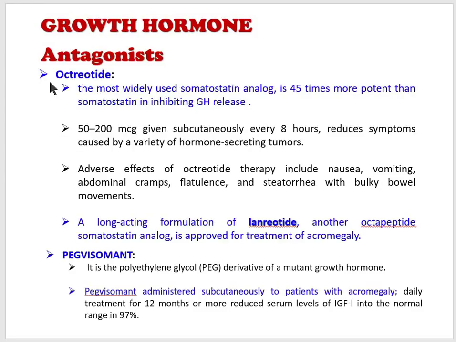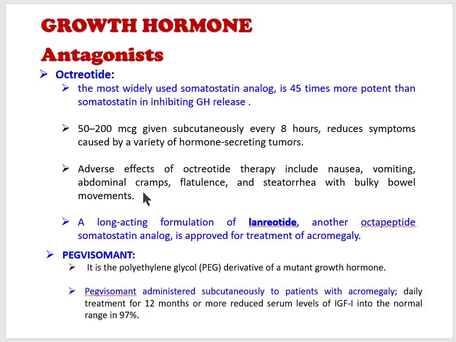So we have these antagonists like octreotide, pegvisomant and lanreotide. Especially octreotide is 45 times more potent than somatostatin in inhibiting growth hormone release.